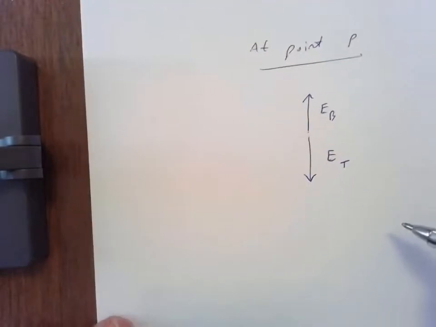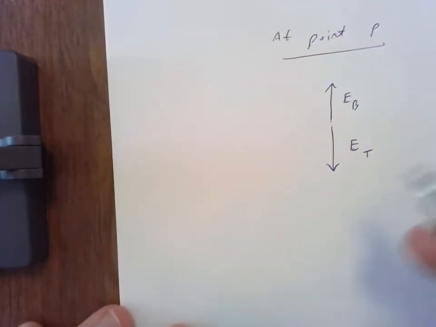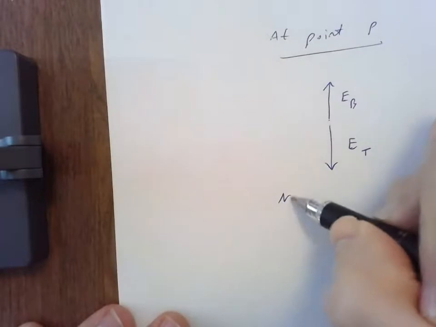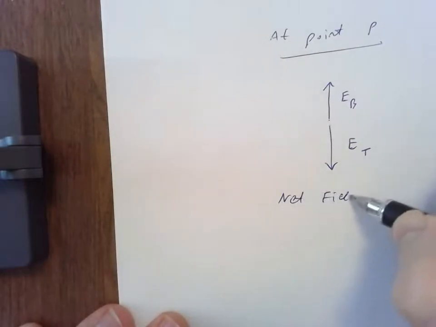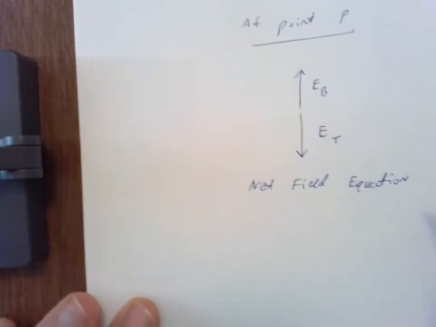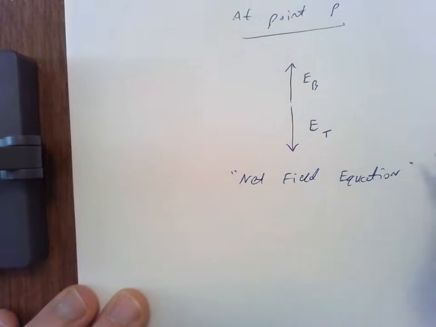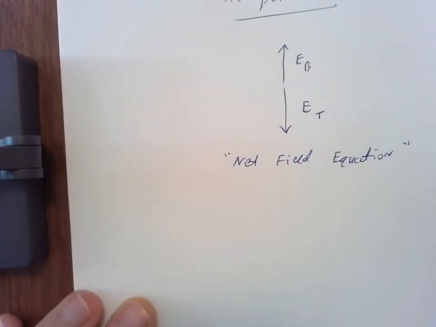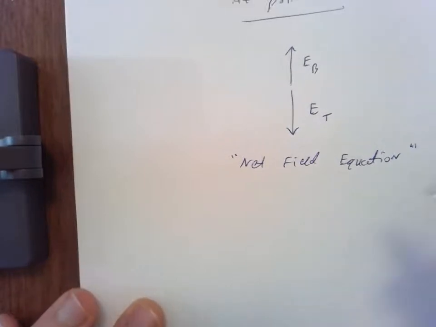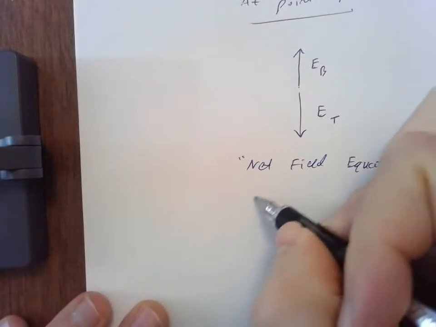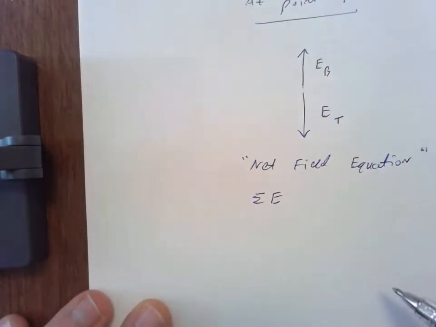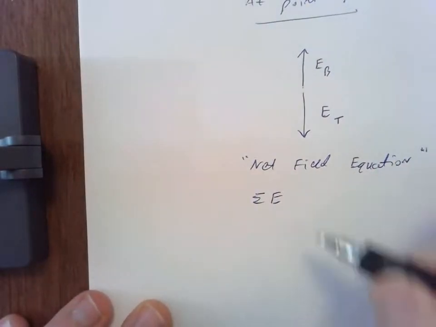So what we're going to do next is write a net field equation. We're going to use our formula for the electric field of a point charge and plug that into a net field equation, which is kind of like the net force equation that we would do if we wanted to actually find the force on an object at point P. So the net field is the total of the electric fields.